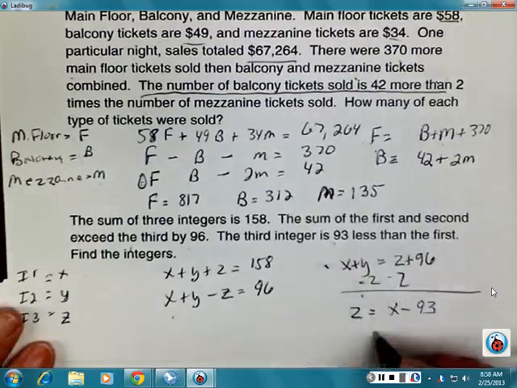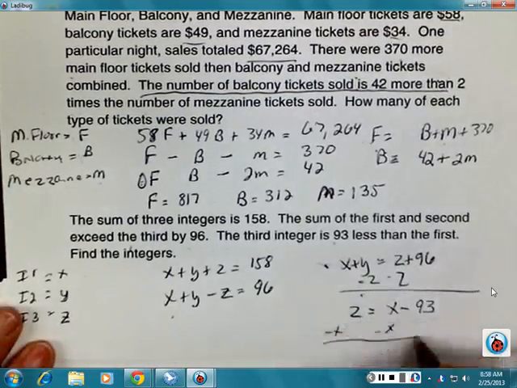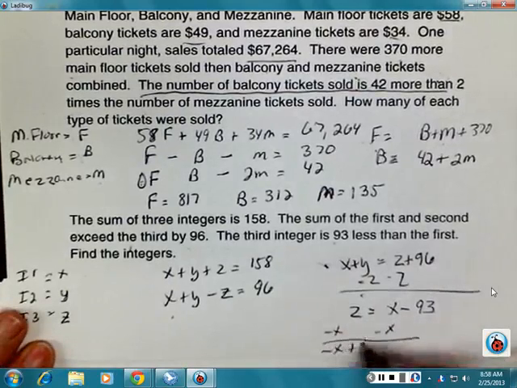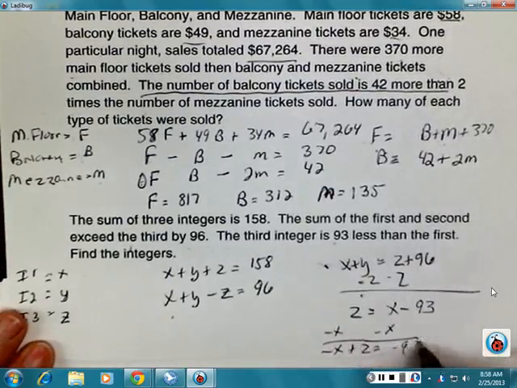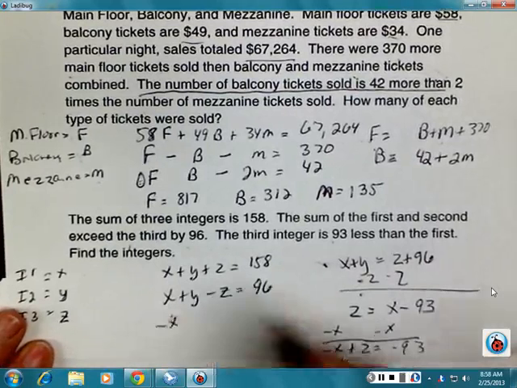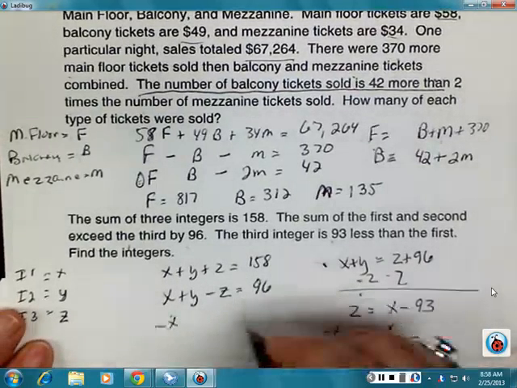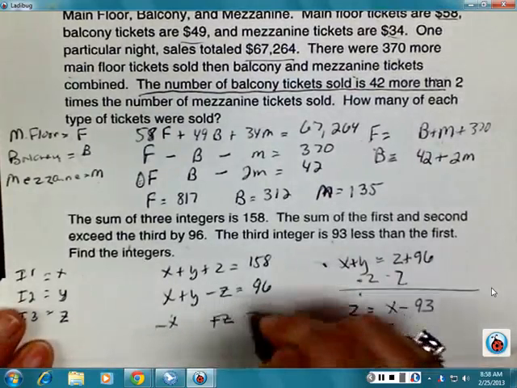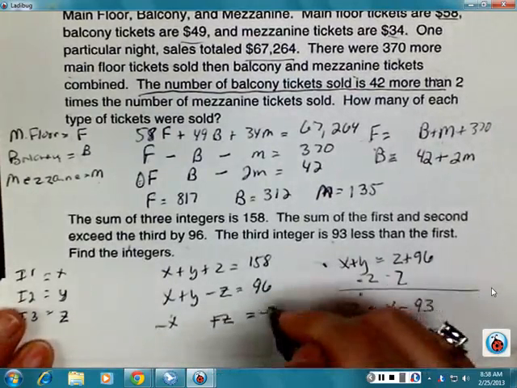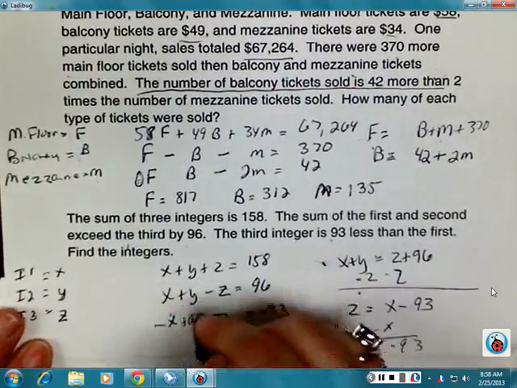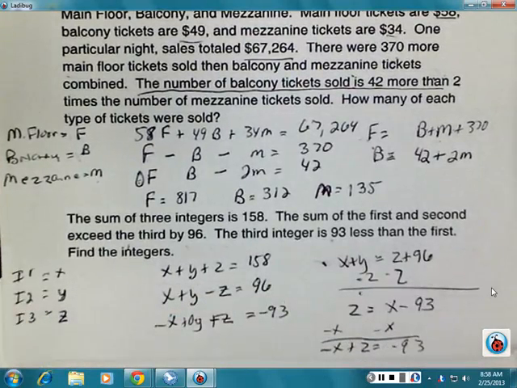So I'm subtracting an x. So negative x plus z equals a negative 93. So negative x. What about y's? Do I have any y's? Plus z is equal to negative 93. So I have 0 y's, so I need to put a 0 in there to hold that y's position. Okay?